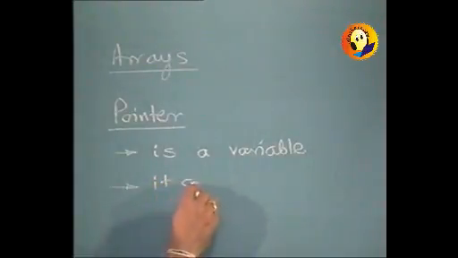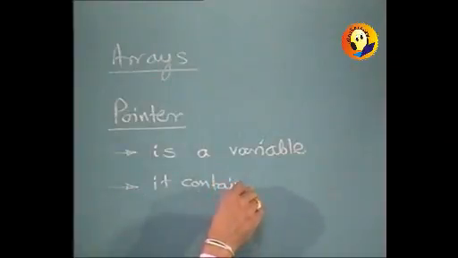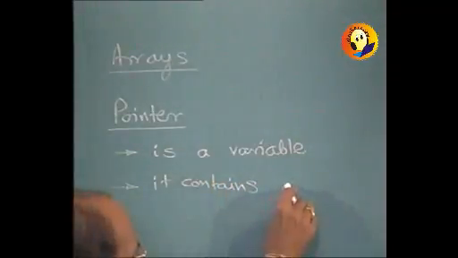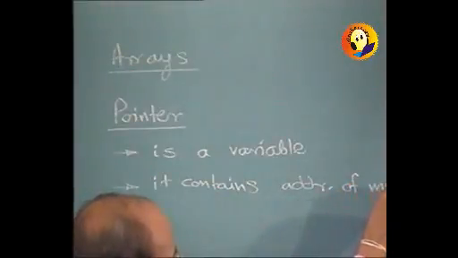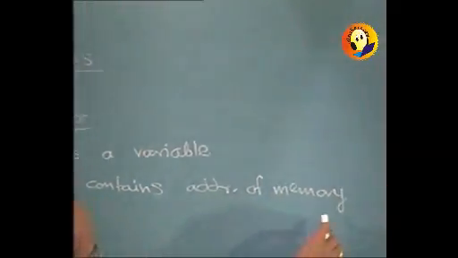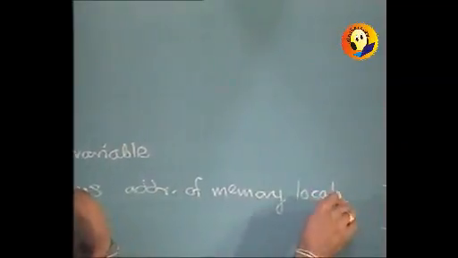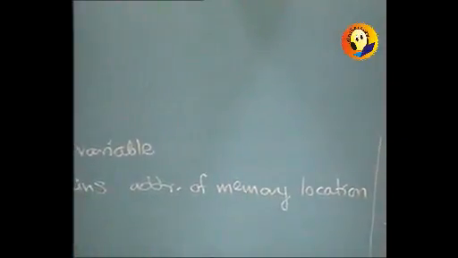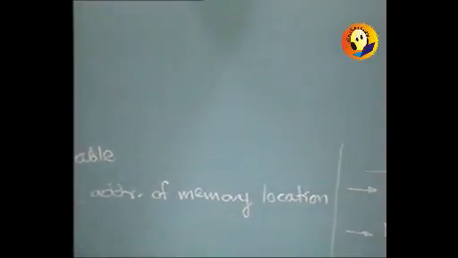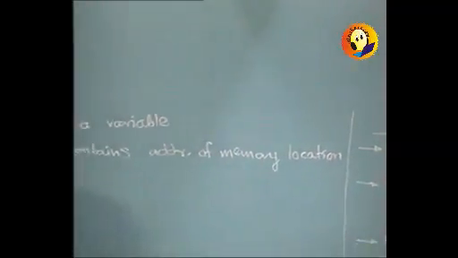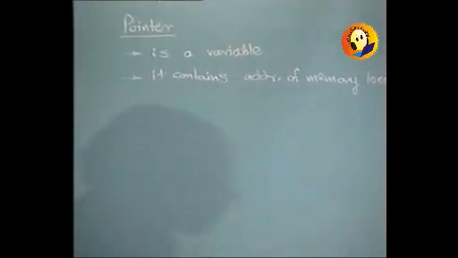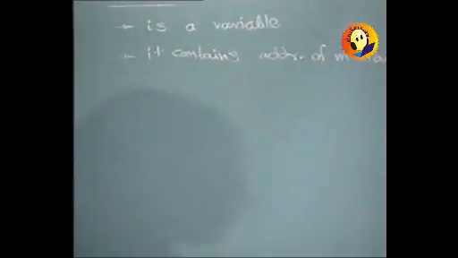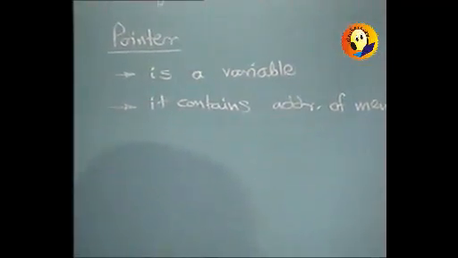It contains the address of a memory location. It need not be a base address, because it can contain the address of a single variable also. Can a pointer have a type?